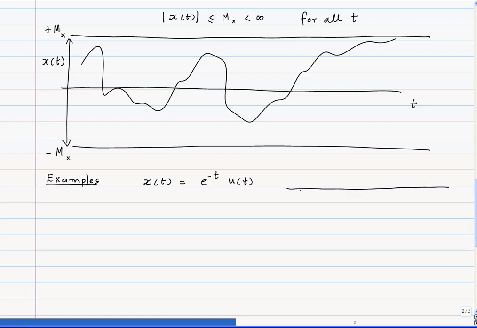This signal is 0 for all values of t less than 0, and then it decays exponentially starting from 1 at time t equal to 0. So clearly in this case the magnitude of x of t is less than or equal to 1 for all t. So we have this bound m sub x which is equal to 1.